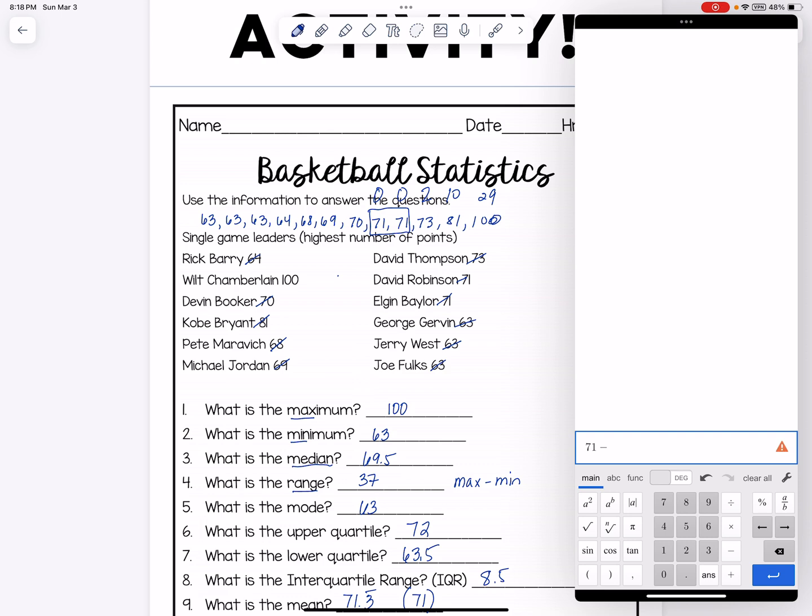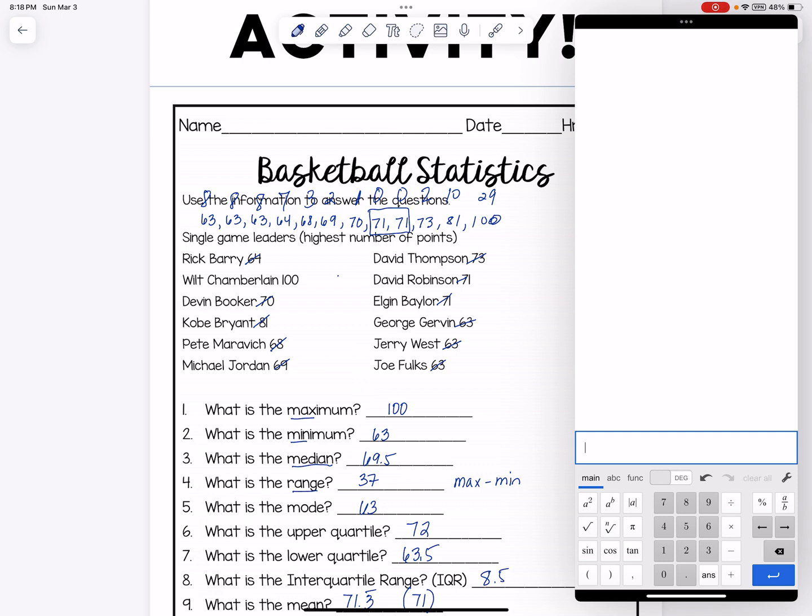Our 70 is only 1 away. 69 is 2 away. 68 is 3 away. Our 64 is 7 away. Our 63 is 8 away and 8 away and 8 away. Okay, so that's how far our data is away from our mean.